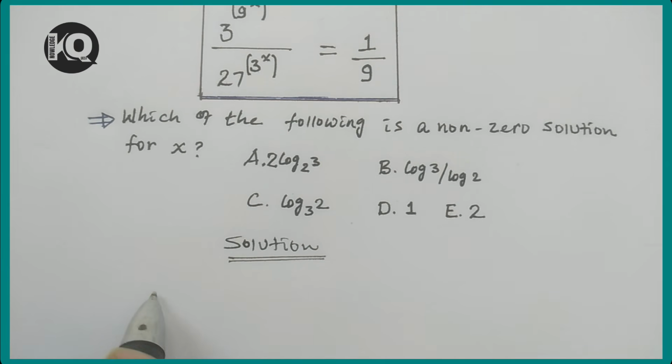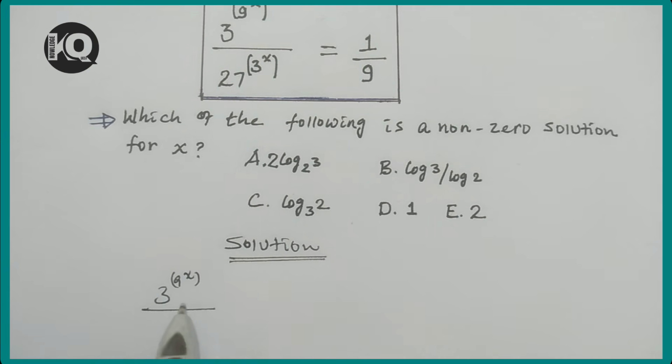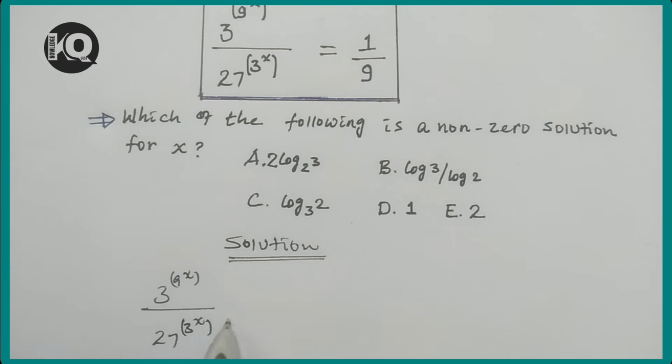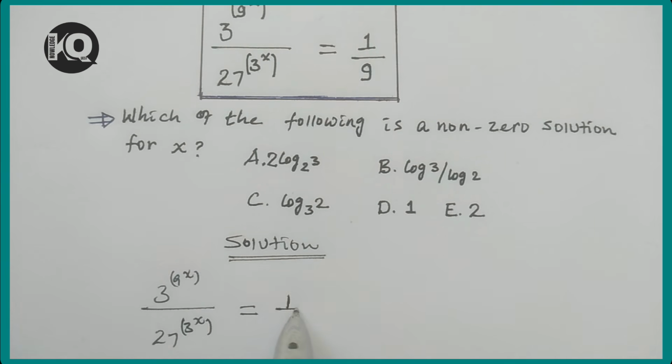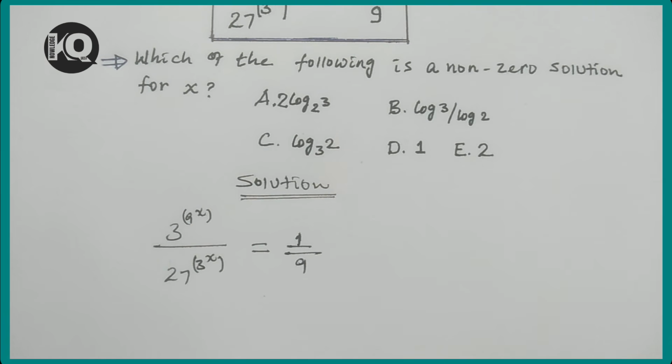Recalling the problem, 3^(9^x) divided by 27^(3^x), which is equal to 1/9. In the first step we have to simplify the exponent of powers. Here the denominator 27 can be expressed as 3 squared times 3, which is equal to 3 to the power of 3.